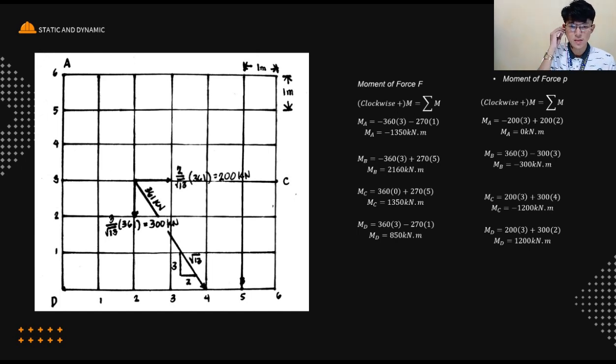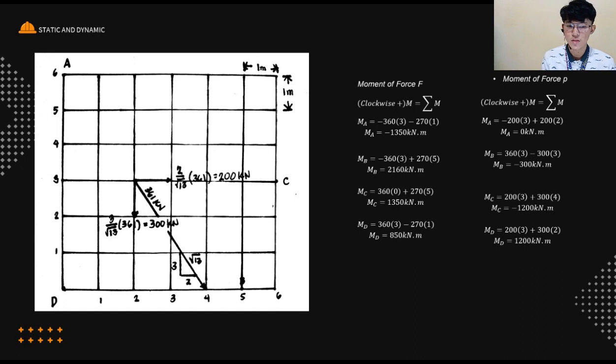Ang next naman natin is magmo-moment tayo sa B. So, moment B equals negative 360 times 3, which is yung distance niya from the B, plus 270 times 5 dahil clockwise. So, ang moment natin sa B is 2,160 kN meter.